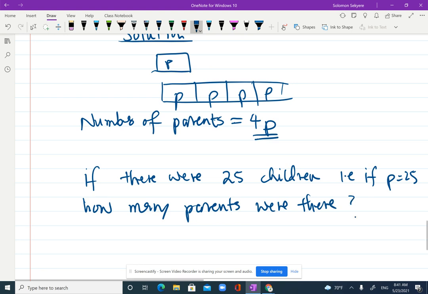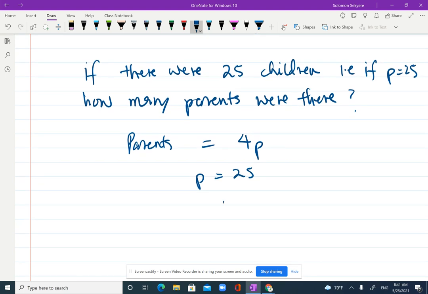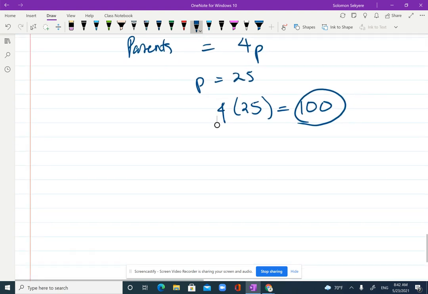You see the expression for parents: parents equals 4P. Now that we know P equals 25, parents is 4 times 25, and this is equal to 100 parents. And then you are done.